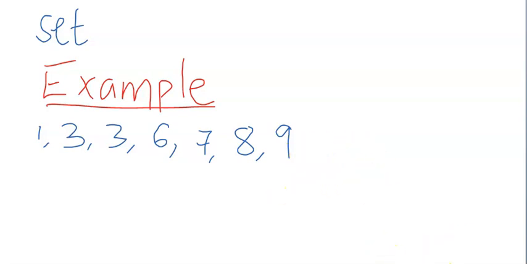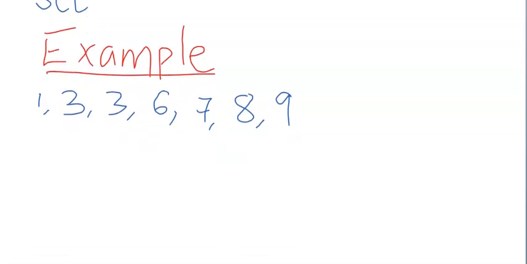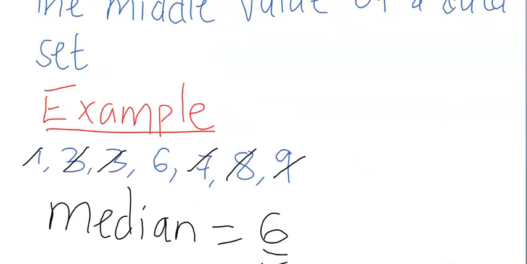Now if we rearrange the values from the least to the highest, you see that we shall just remain with the same, so we don't have to rearrange again. But now, looking at our data, we are trying to check for the middle value.